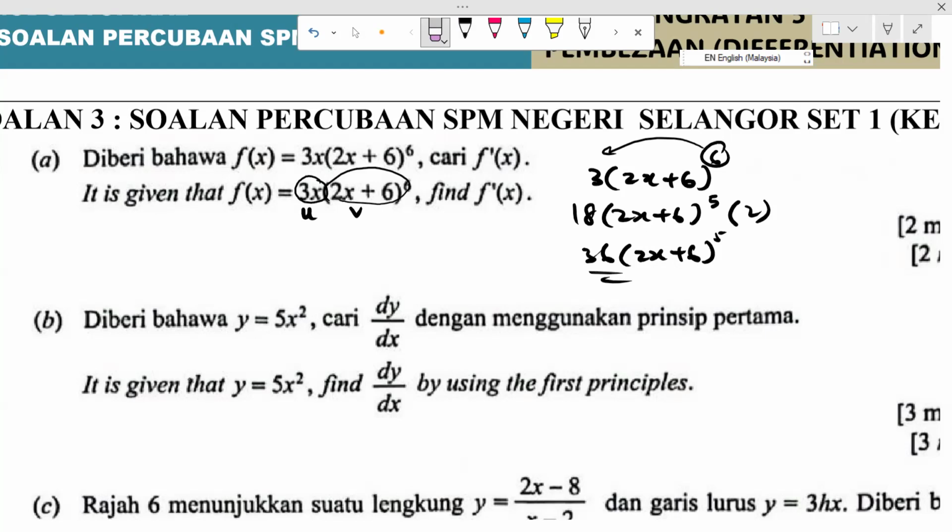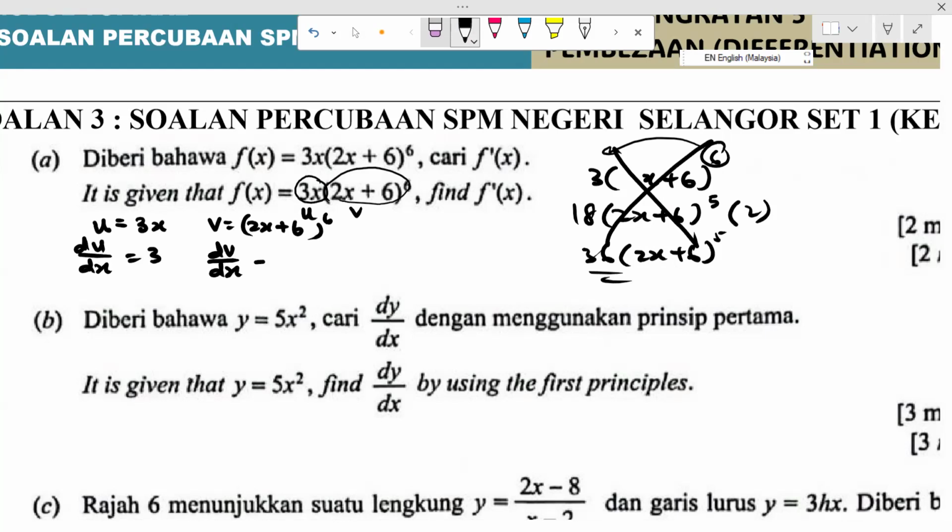Now, actually, sorry, I cannot erase. Something is wrong with this part. Okay, never mind. Alright, so look at here. It's UV. So therefore, if you cannot do everything at one go, you should do like this. U is 3x, and then V is 2x plus 6 raised to the power of 6. Step by step is okay. So du/dx is 3, and then dv/dx is bring down, do outside, do inside.